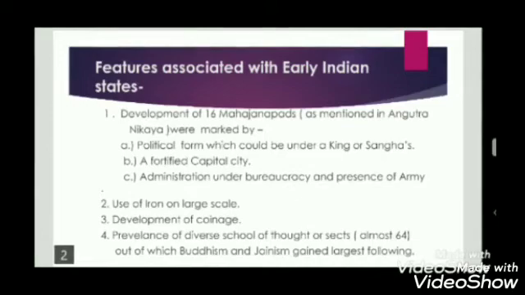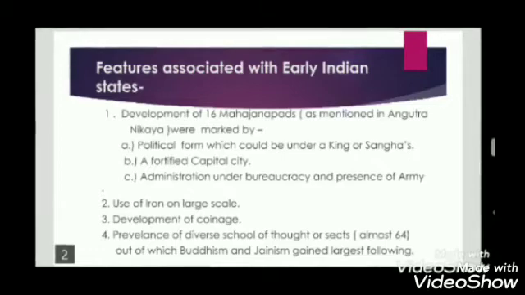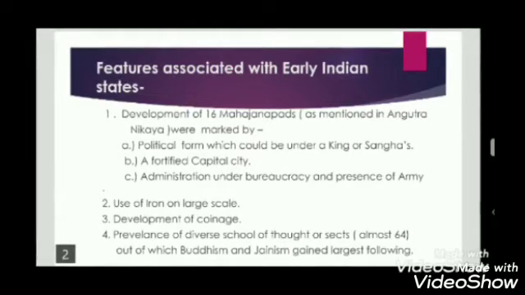But when it comes to a process, you don't have to give an exact date. It can vary by a few centuries, because even historians for sure don't know exactly when it happened. So it is around the 6th century BCE or 5th century BCE that you have the development of coinage taking place, and they were the punch marked coins. What are these? We'll study it later.